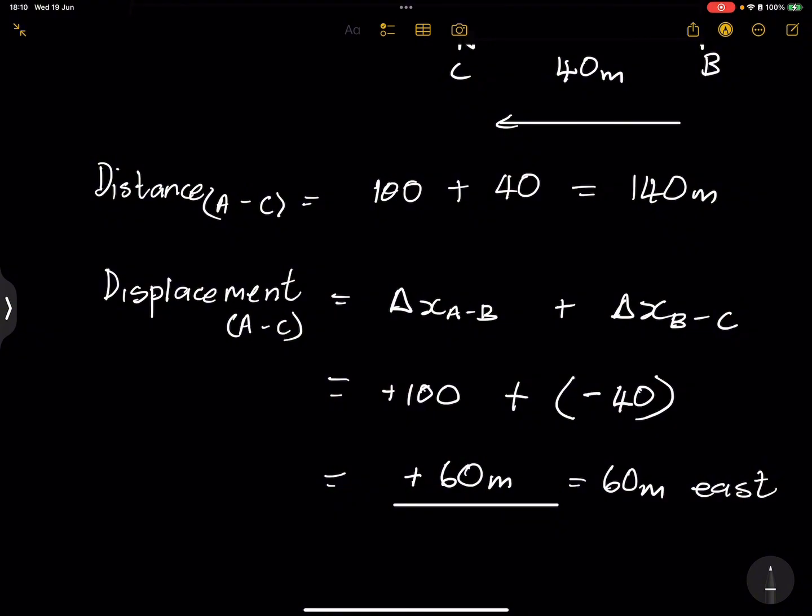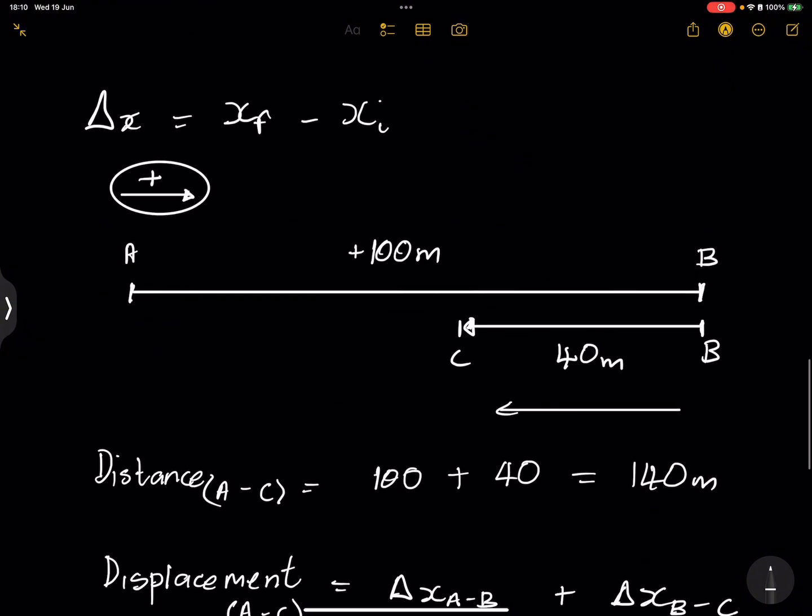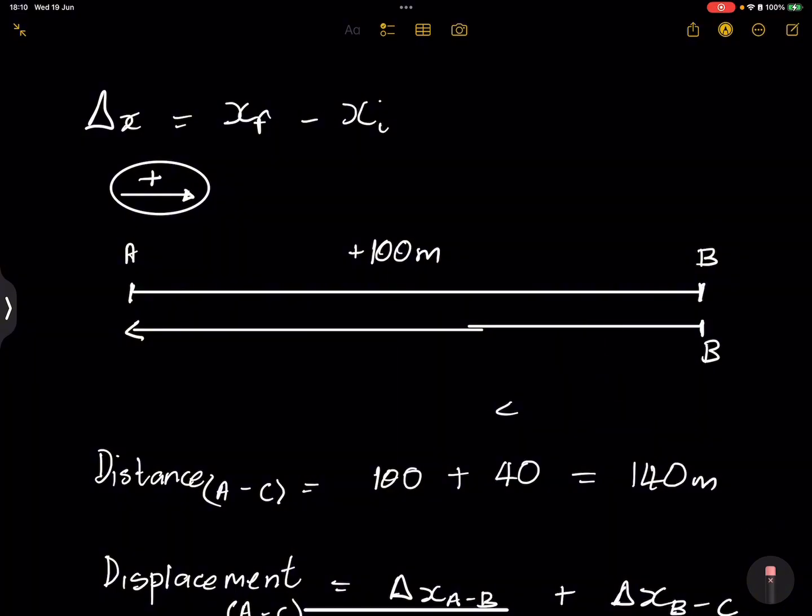But I want you to also note in this case, suppose that I said to you, they were displaced back to A, so they moved from B back to A. How would we calculate our displacement?